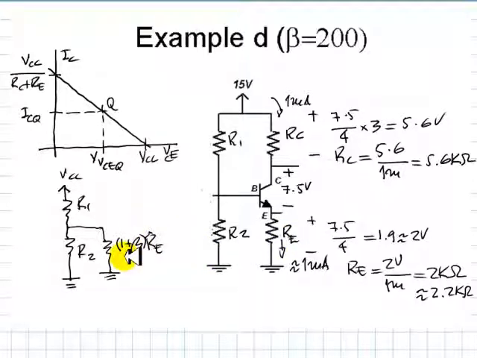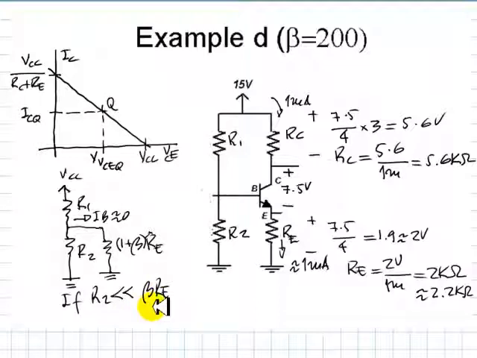If we want this voltage to be completely independent of the beta of the transistor, what we want is to make this resistor much smaller than this one, so that we can neglect the current in the base. We can say the current in the base in this computation will be negligible if we choose R2 so that it's much smaller than beta RE.